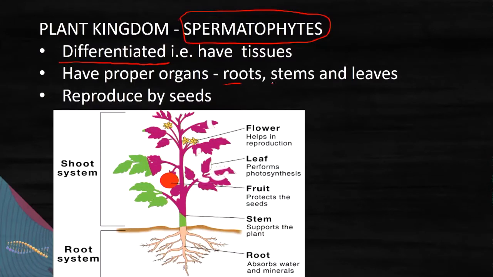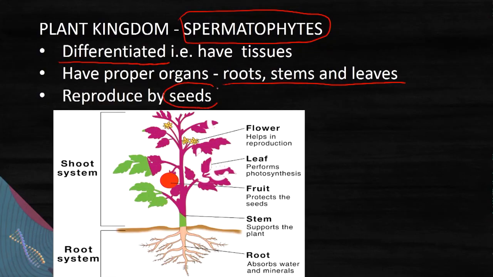They also have proper roots, stems, and leaves. And this is a very great advantage because leaves are specialized for photosynthesis, roots are specialized for absorbing water, and the presence of these means the plant has a better chance of survival.